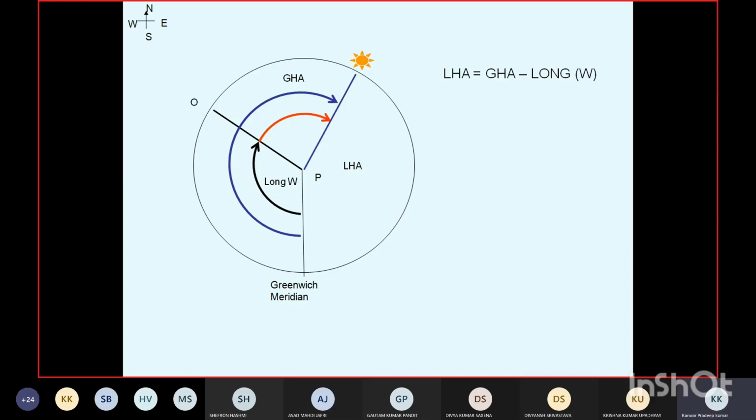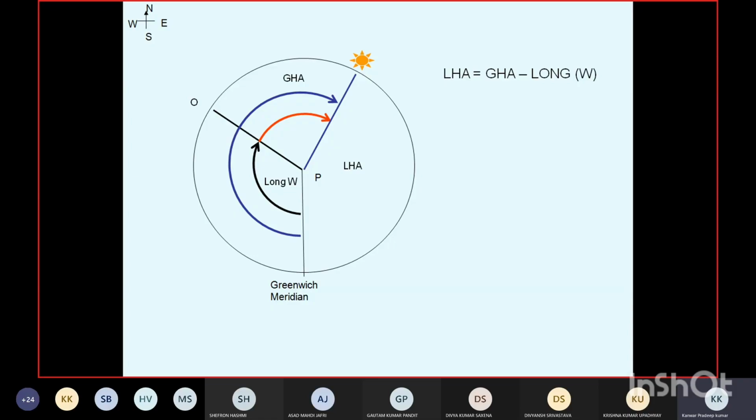When you join these two by taking a sight by a sextant and the bearing by the azimuth, and you work out the sight, you get your position. That is the whole science and theory behind it. So this formula is very important, gentlemen. LHA is equal to GHA minus west long.